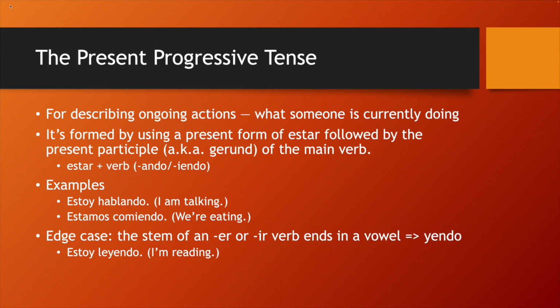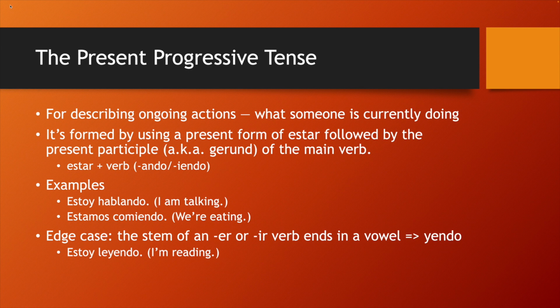So the difference between yo nado, I swim, and yo estoy nadando, I am swimming, is that yo estoy nadando would mean I am literally swimming right now. Well, yo nado doesn't necessarily mean that. It could just mean I go swimming, but I'm not necessarily swimming right now. I'm sitting in a chair, for instance, I'm not in the water.